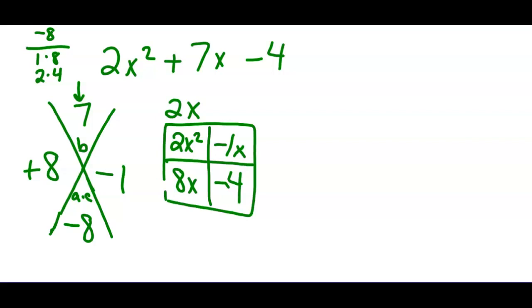So now that I've got my 2x out, what's got to be here? What do these have in common? X. And so double check to make sure you did it right. 2x times x, is that 2x squared? Yep. Okay. Now you can use this 2x to figure out what goes here. 2x times what gives me 8x? 4.